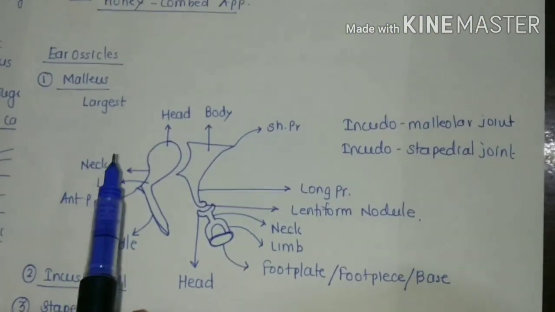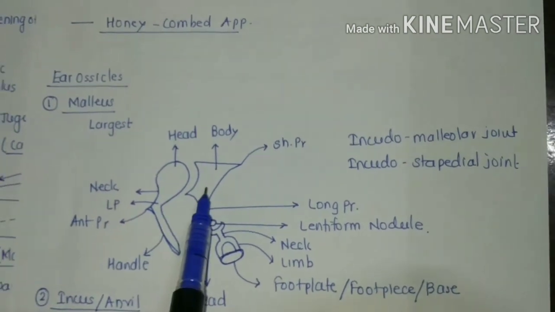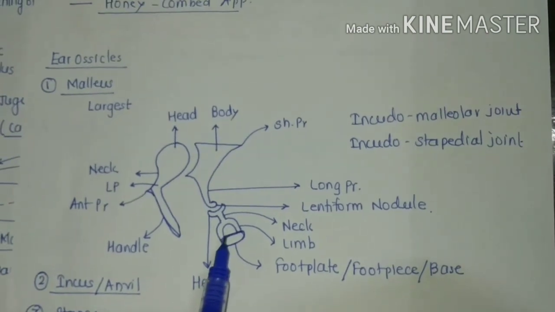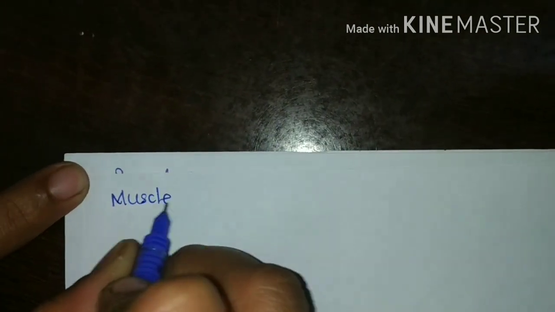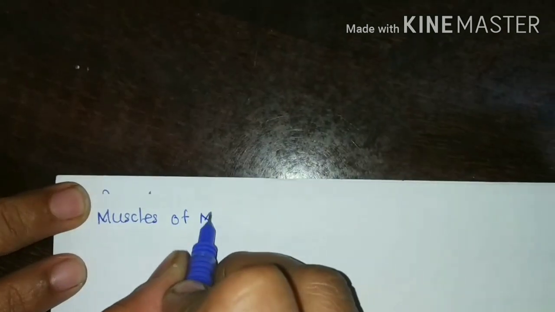Clear? So this is all about the three ear ossicles. Malleus is largest and most laterally placed, then incus, and then the stapes, which is the smallest and most medially placed ear ossicle. Now coming to the next content, the muscles of the middle ear.